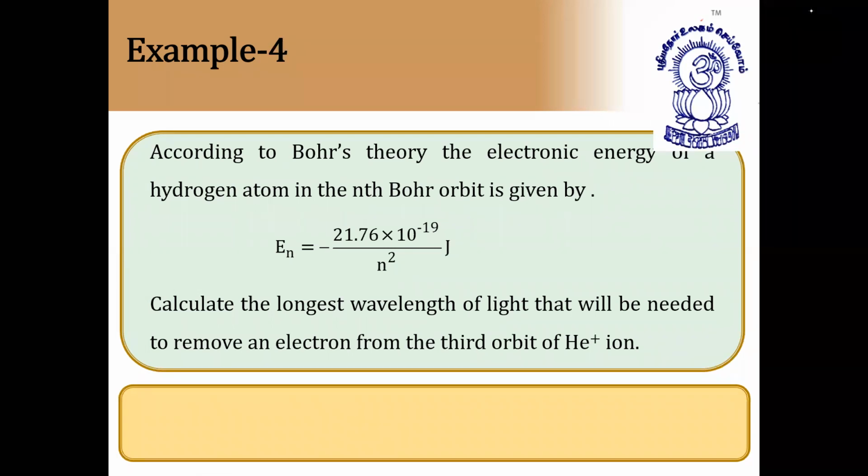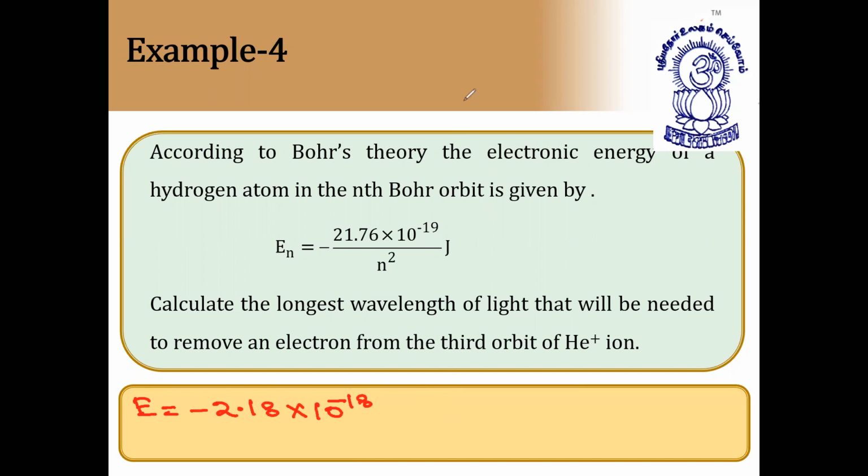So finally, again, you have to apply Rydberg's equation. First you need to find the energy. The actual formula is E is equal to minus 2.18 × 10 to the power of minus 18, but here they have given the energy of the electron in the nth orbit as 21.76, so you have to use this value only.